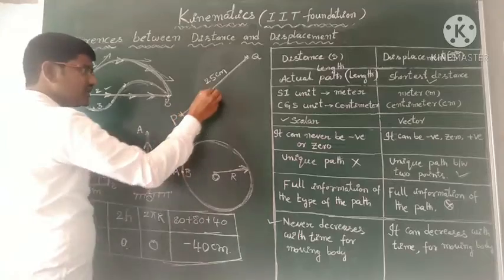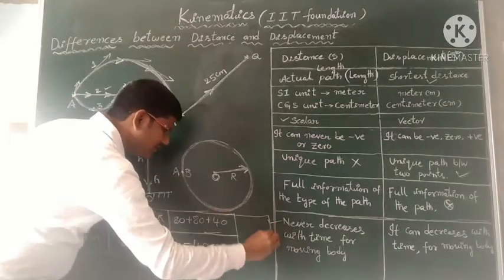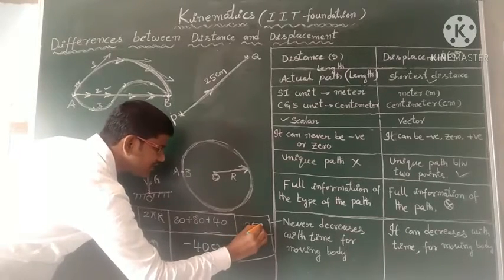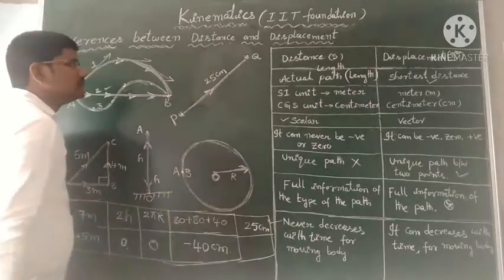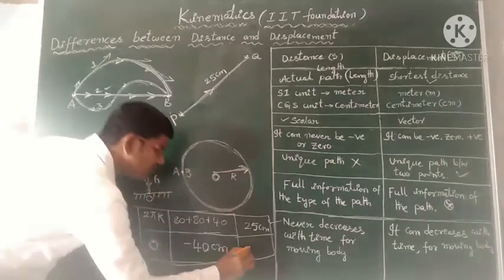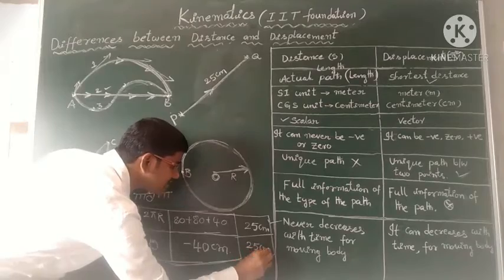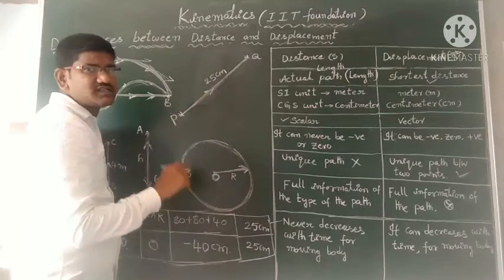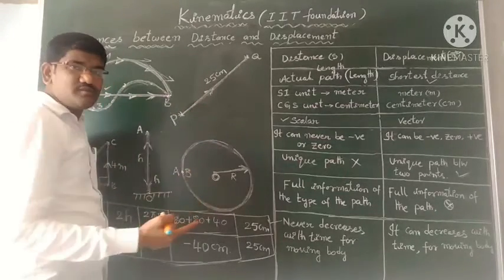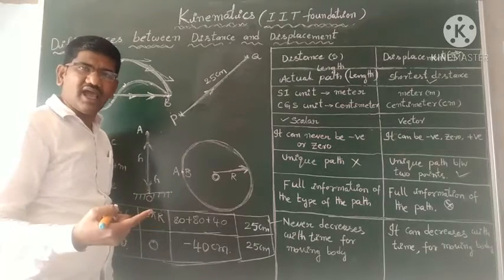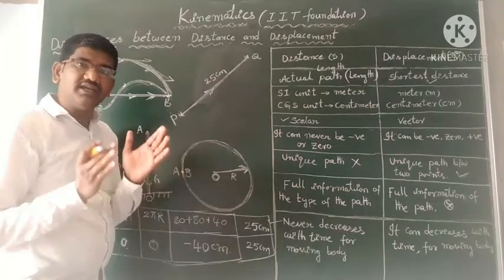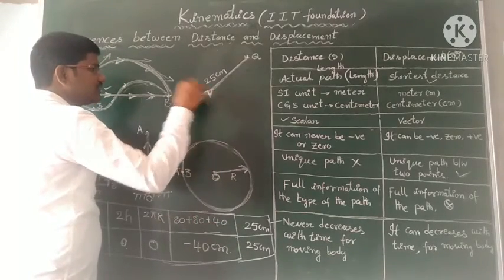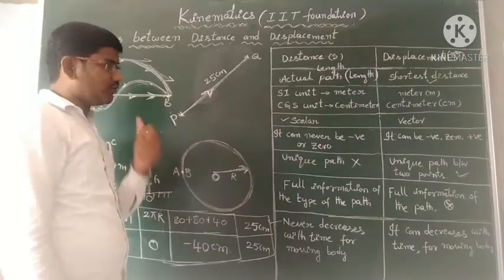What is the distance? Means we covered this much of path. So distance I will get 25 centimeters, and displacement also I will get 25 centimeters. It is only the shortest path. So sometimes distance and displacement can be equal if it is the shortest path.